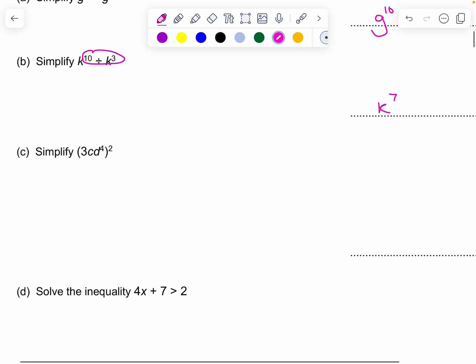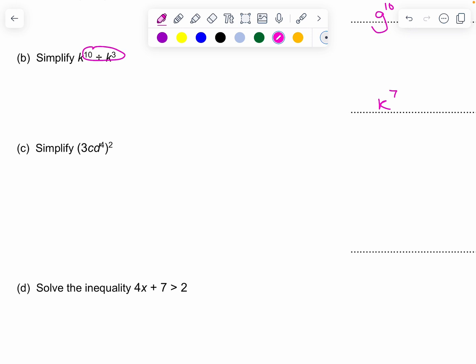Okay, moving on to C, gets a little bit harder. Remember, when they are next to each other like this, and C is c to the power of 1, we multiply the indices. So 1 times 2 is 2, so we know it's going to be c to the power of 2. 4 times 2 is 8, so it's d to the power of 8.